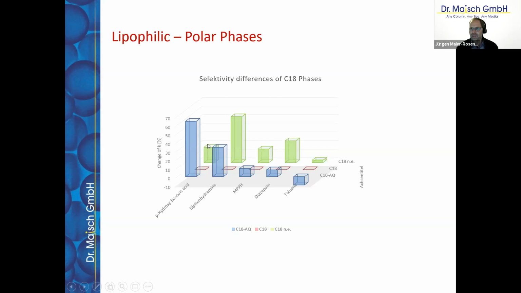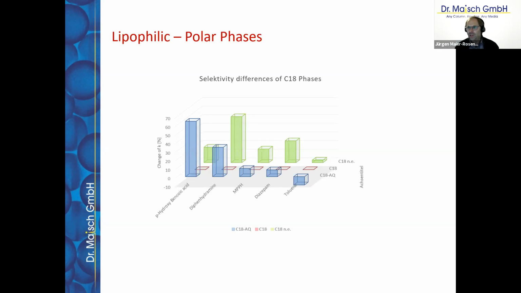What we are seeing is that the not end-capped always has an increased k value, so it has more retention than the standard C18, especially for all the compounds which have a polar group. So what's pretty important here is that our stationary phase offers a polar interaction, and our polar molecules can exchange with that interaction.